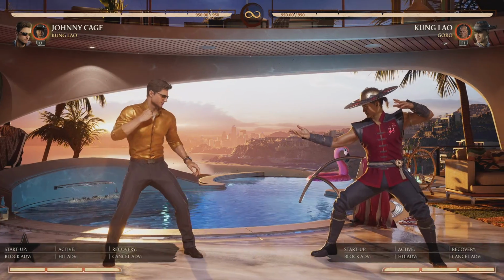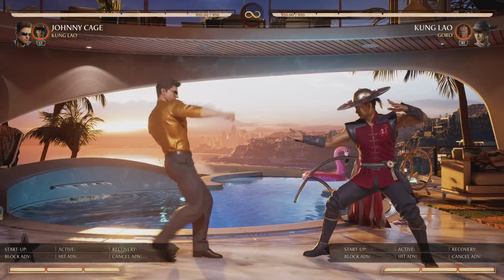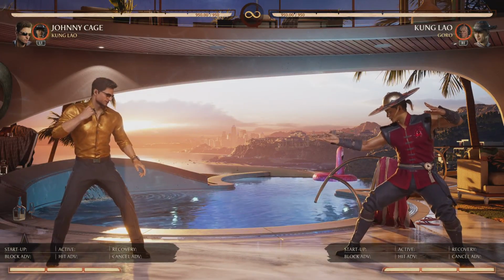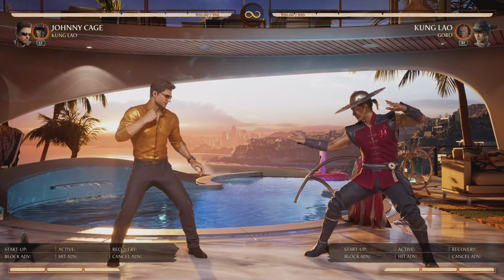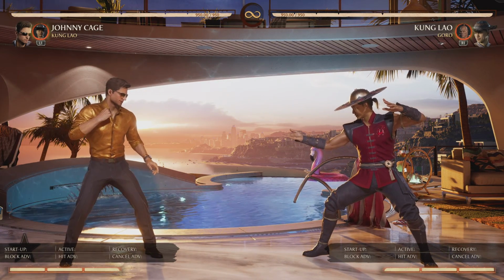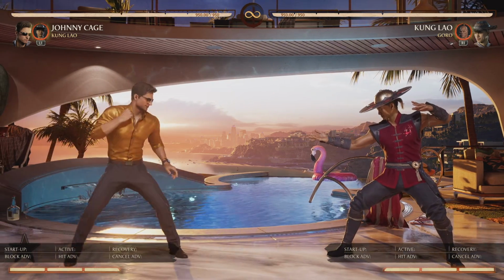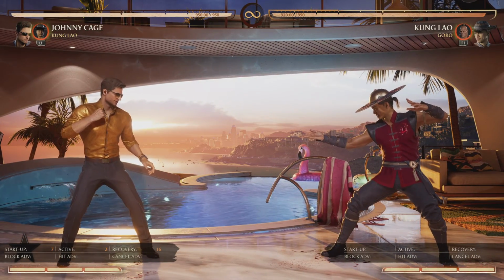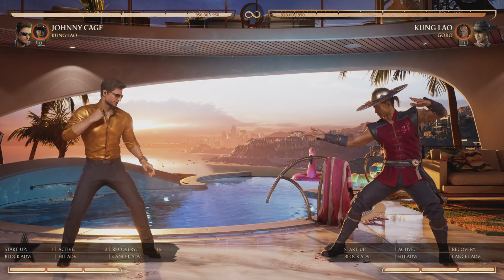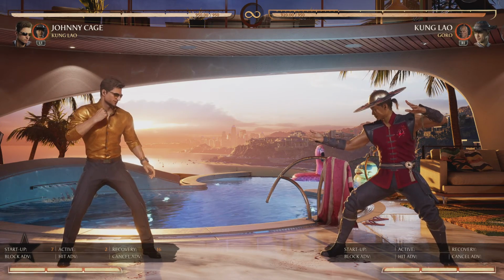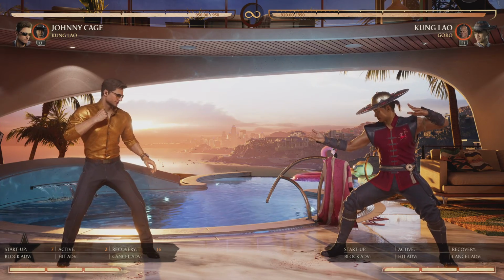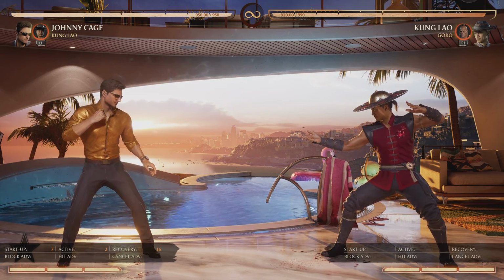For example, a jab recovers in half the time. The recovery of attacks is kind of important, but doesn't play much into the frame data things. You're not going to need to know the recovery on Johnny's jab or something. Maybe when you get into the nitty-gritty things, like with the active frames, but as for learning frame data, the recovery isn't super important.